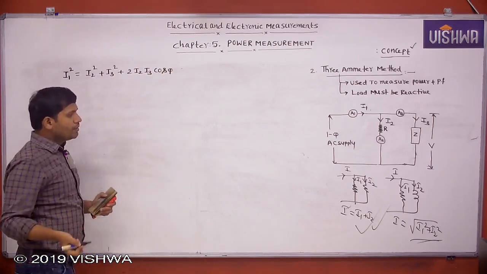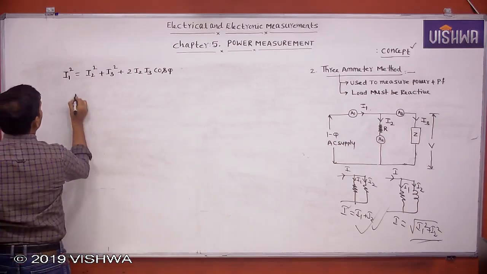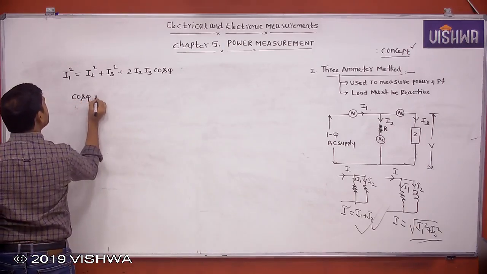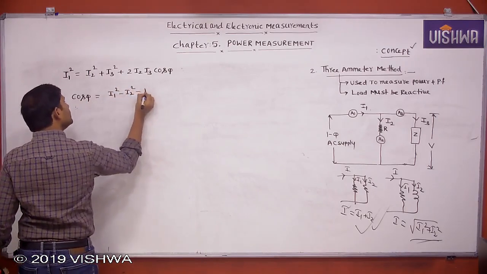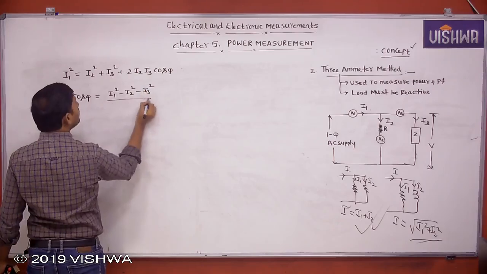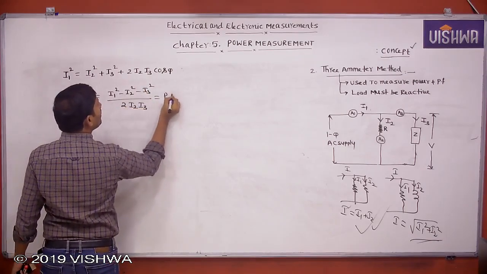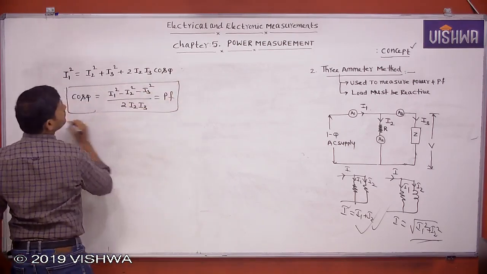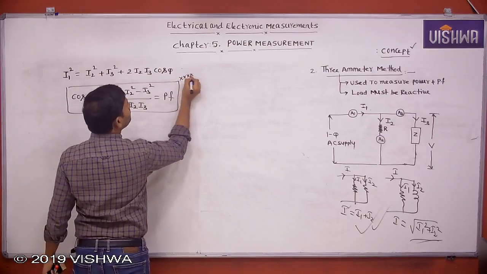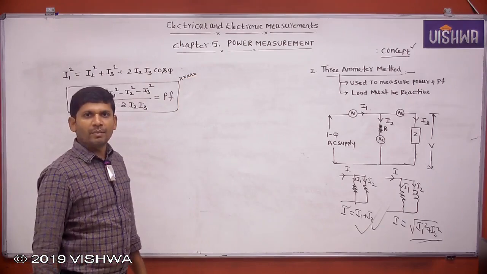Correct? Now, what is cos phi equal to? Then power factor cos phi equals I1 square minus I2 square minus I3 square by 2 I2 I3. This is the measurement of power factor using the 3 ammeter method. This formula is important.